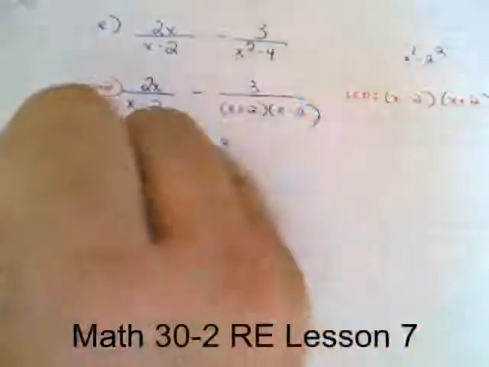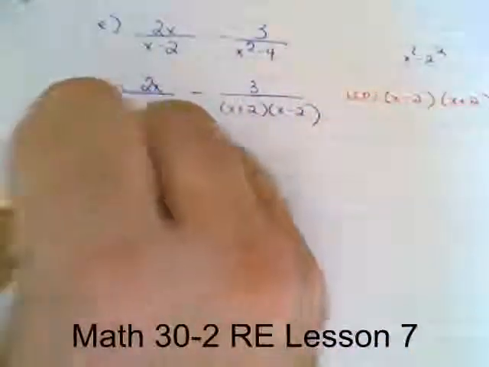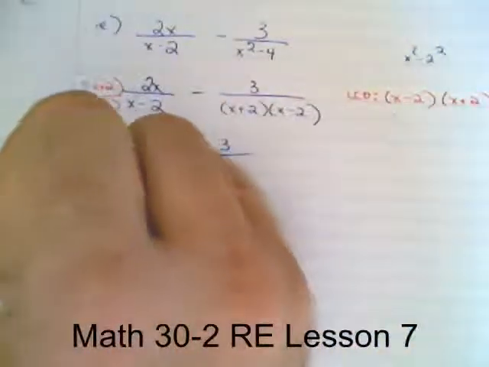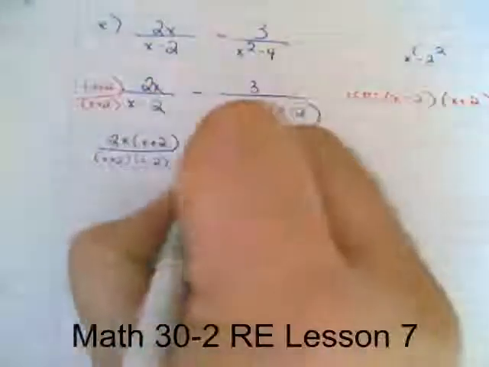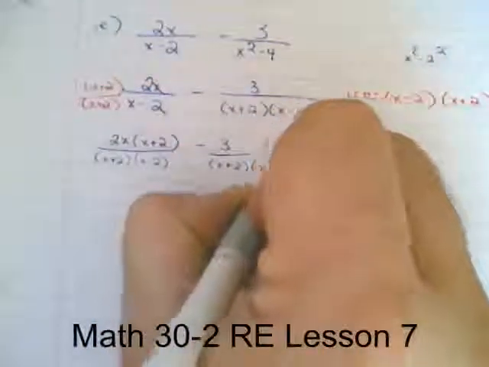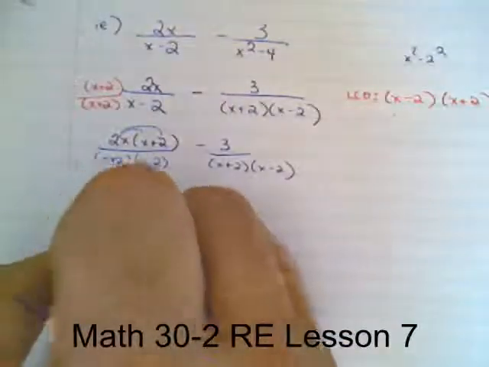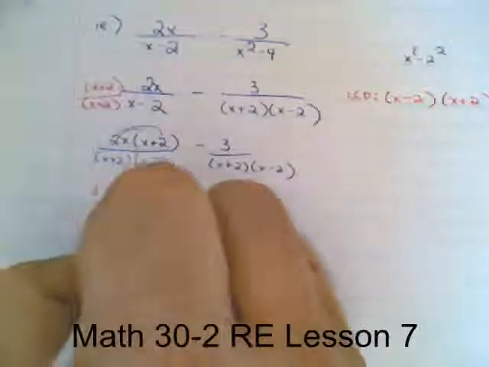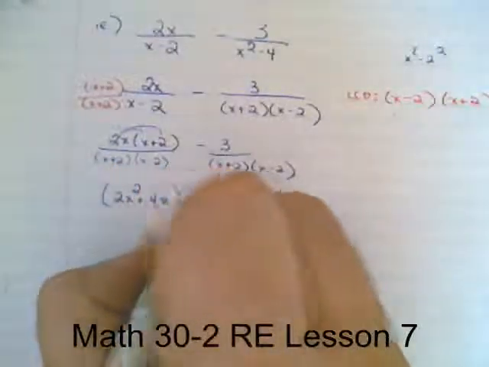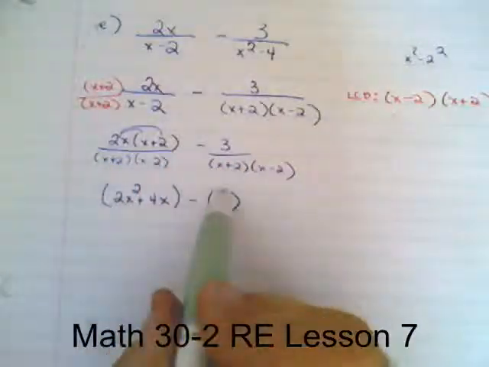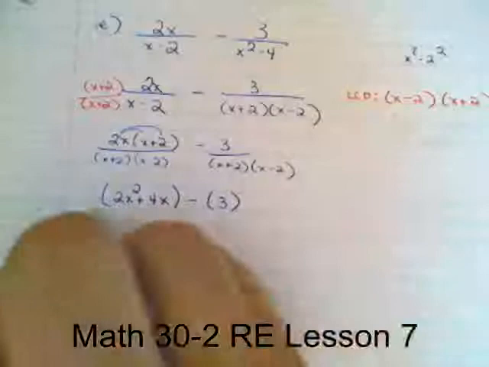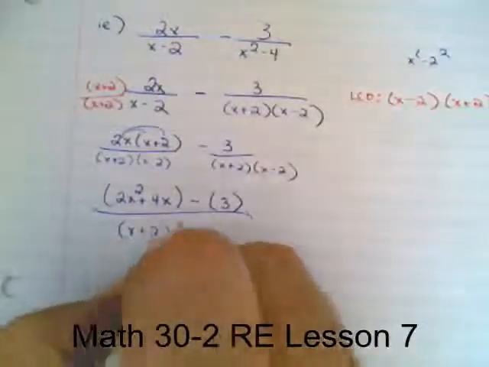It leaves me with 3 times 6, or 18, over 6 times x plus 2, plus 2 times 9, or 18 again, over 6 times x plus 2. I add the numerators, 18 plus 18, and I get 36 over 6 times x plus 2. I think I'm done.